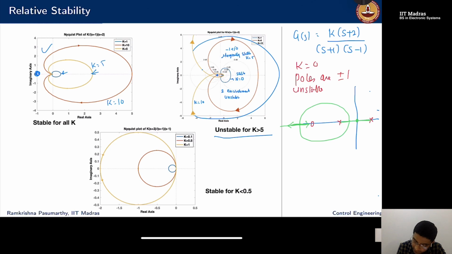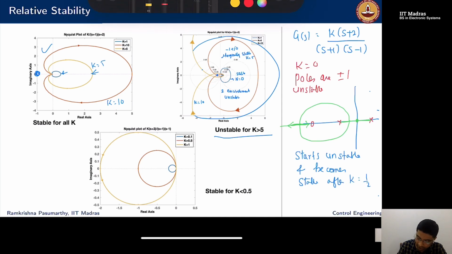So the system starts unstable and then becomes stable after k equal to 1 by 2. At this point, k will be equal to 1 by 2, so this should be k greater than 0.5.